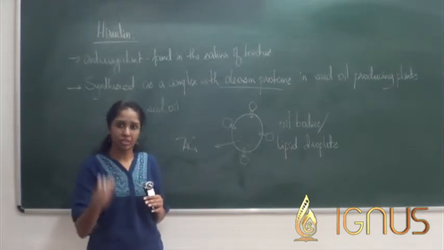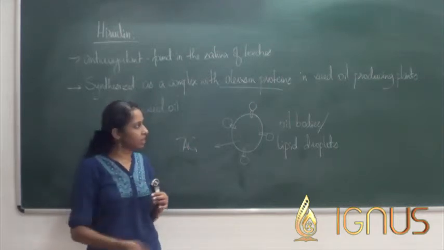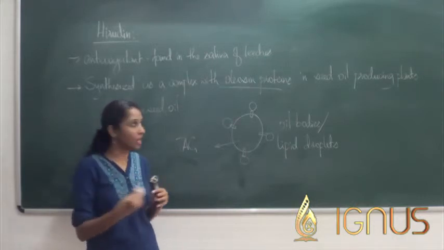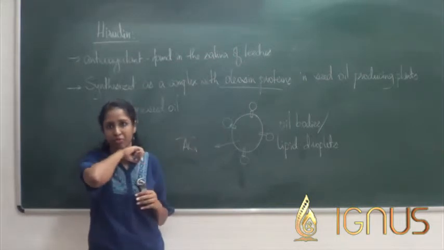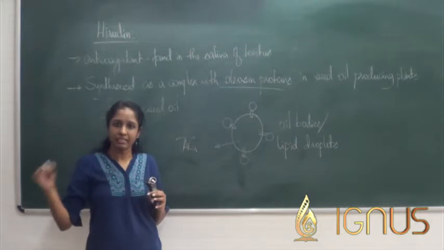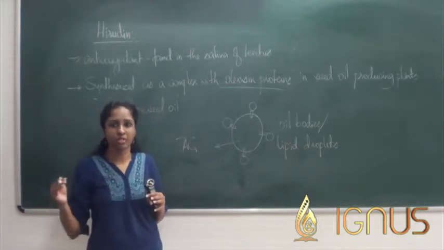So whenever oleosin is being synthesized in a plant, specifically a seed oil producing plant, where it is synthesized a lot because it's a structural protein for the lipid droplet or the oil body, with it connected to it, hirudin is also synthesized.